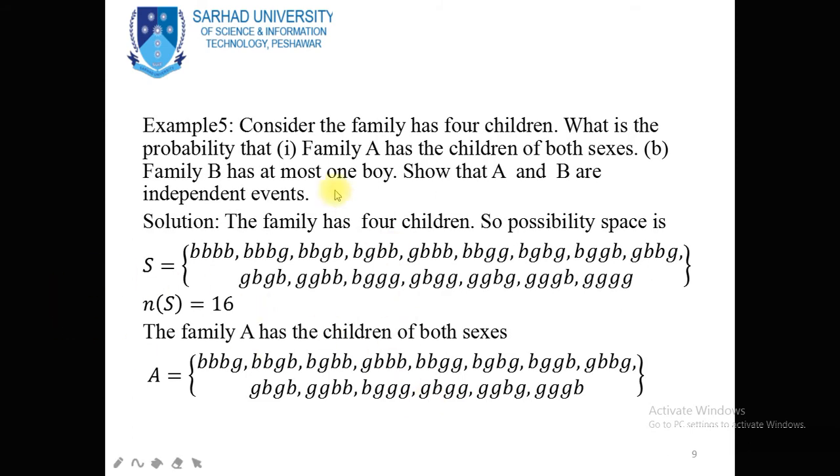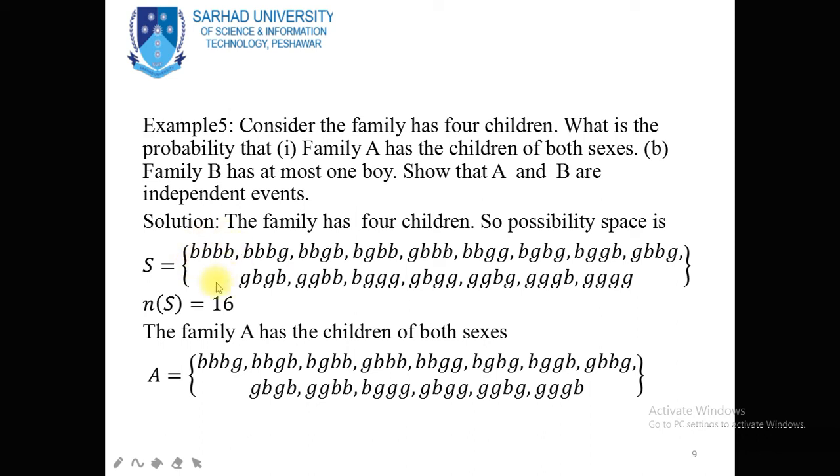Now another problem, consider the family has 4 children. What is the probability that family A has the children of both sexes and family B has at most one boy? To show that A and B are independent events. Now in this case, the family has 4 children. So the possible outcomes for the sample space will be equal to.